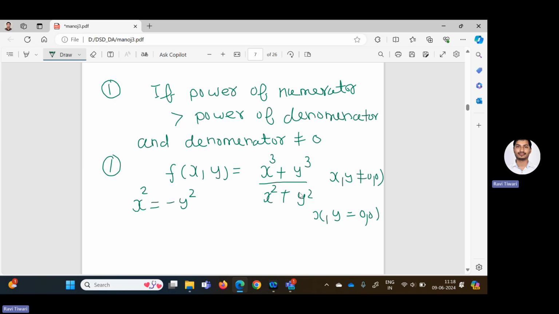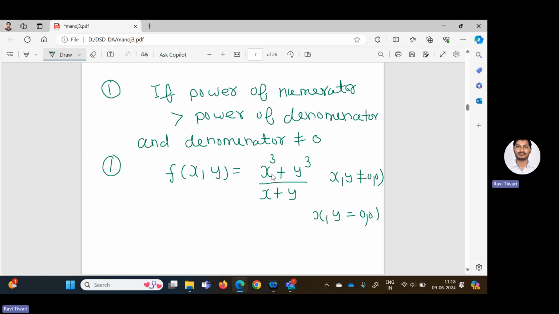Some students might be thinking, if I come back to the previous problem, that they can put x cube plus y cube by something like x plus y, or x minus y.